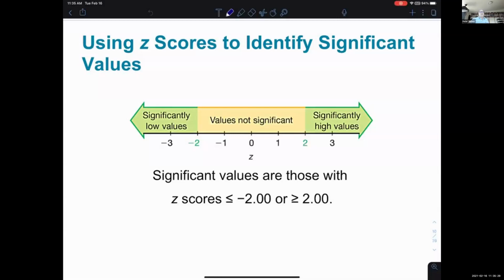And now we can attach z-scores to those significantly high and low values. So significant values are those with z-scores less than -2 or greater than +2.